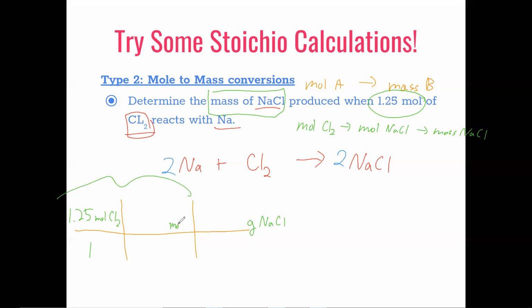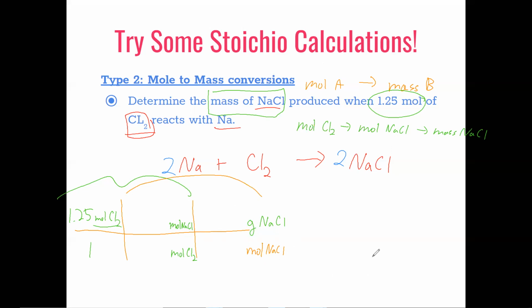So moles of NaCl needs to go right there. We're getting rid of moles of Cl2, so it's going to go right there. And the second part of this conversion is going to be from here to here. So to convert out of moles of NaCl, we need to put it down here as well, moles of NaCl.